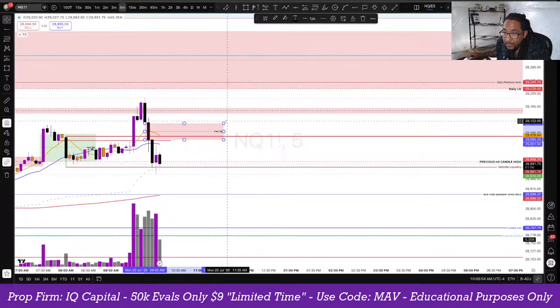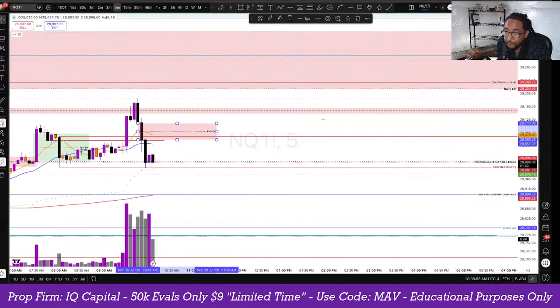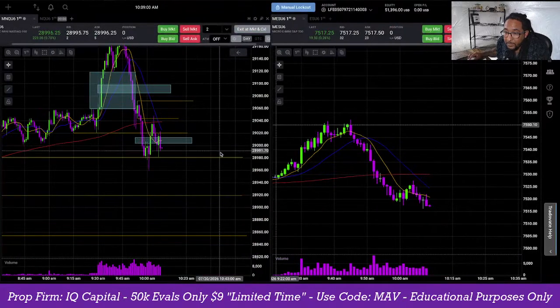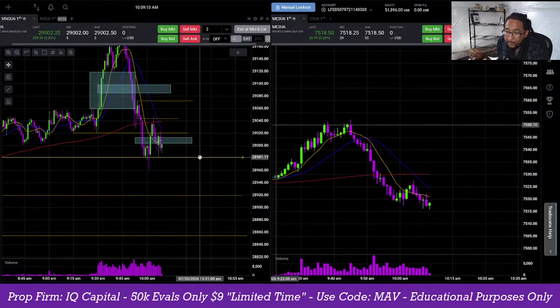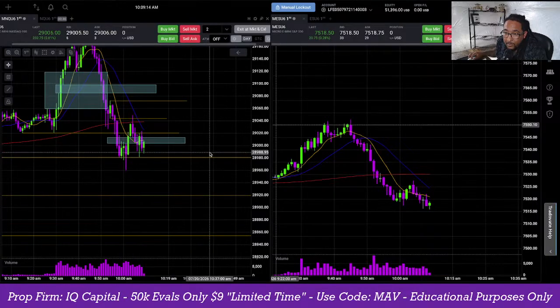And let's see if we get an inversion of this 5 minute. But it looks like we're headed back down here on the 1 minute. I may get back down into there. And we may be looking for some scalping.